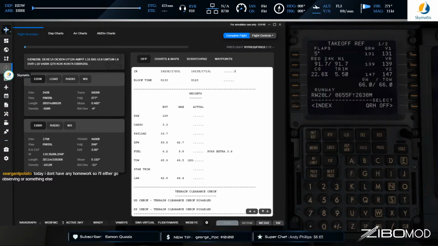Yeah, observe as much as you can. That way you can learn and get it under the knee quicker, eh? Trim up.